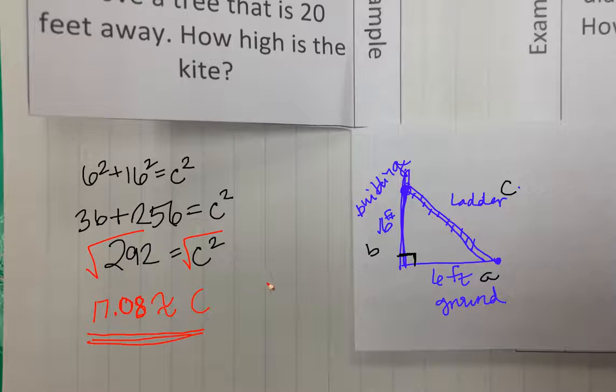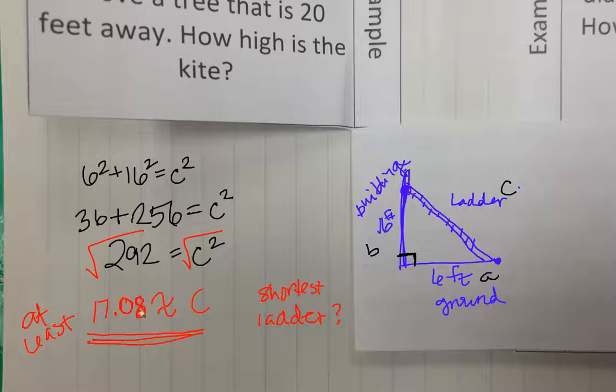We want to know the shortest ladder that we can get. Now, I need it to be at least 17.08 feet. At least. The minute I go down from this number, it's too small.